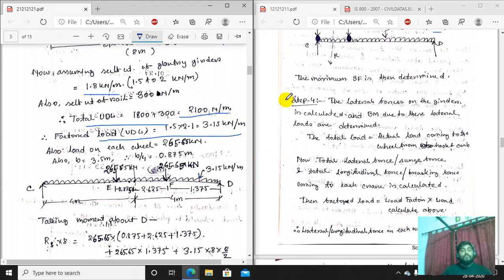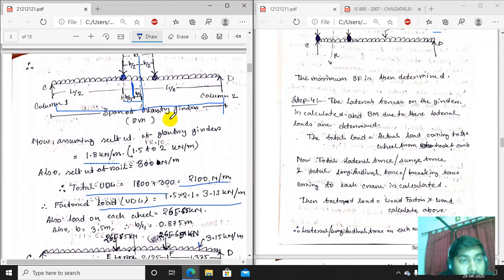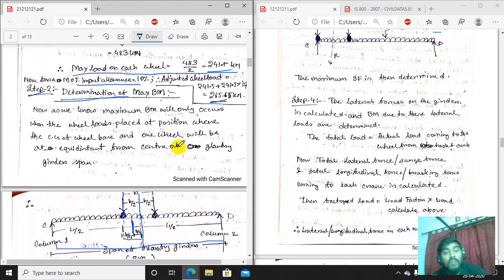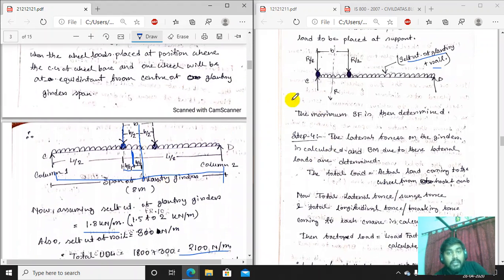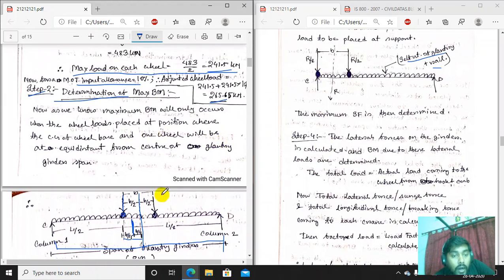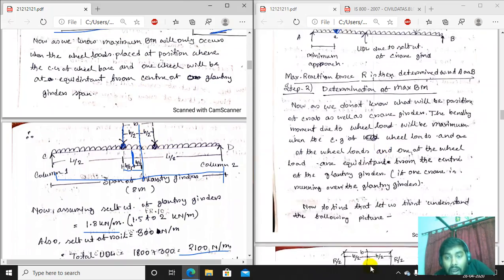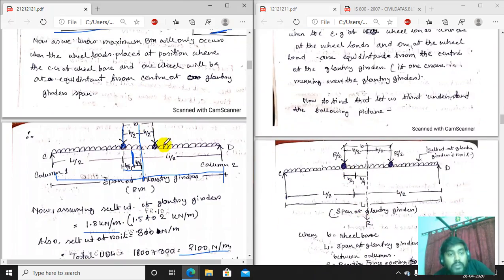Okay, now let us come to this picture again. Here one wheel, here one wheel. Considering the C portion, the load on each wheel equals 265.65 kilonewton. So R1 and R2 in this picture will be R by 2, R by 2. The total reaction and the reaction on each wheel we have calculated.